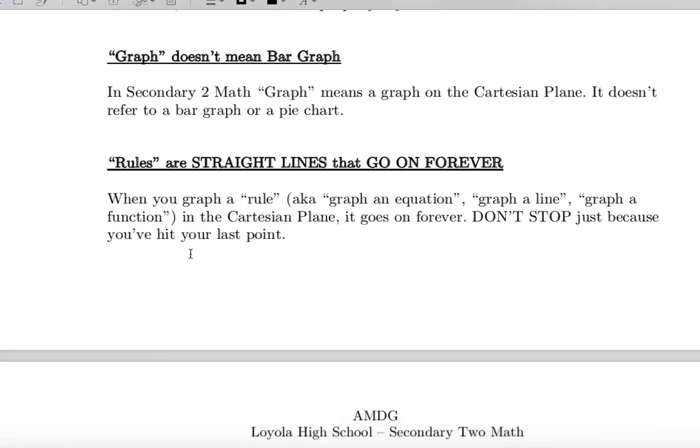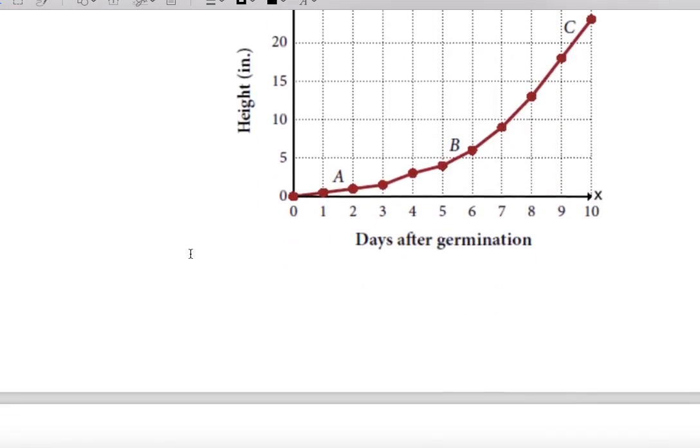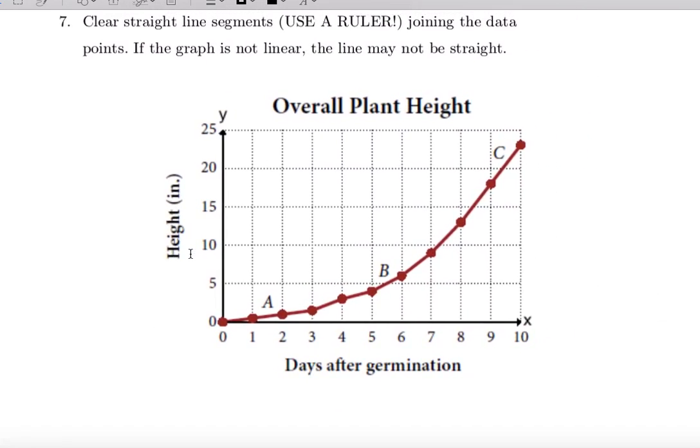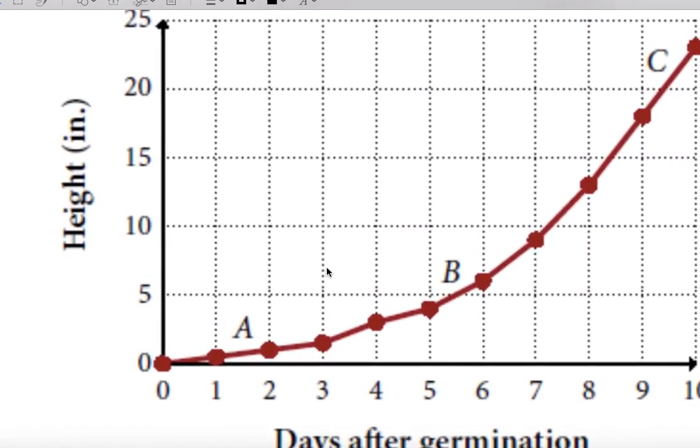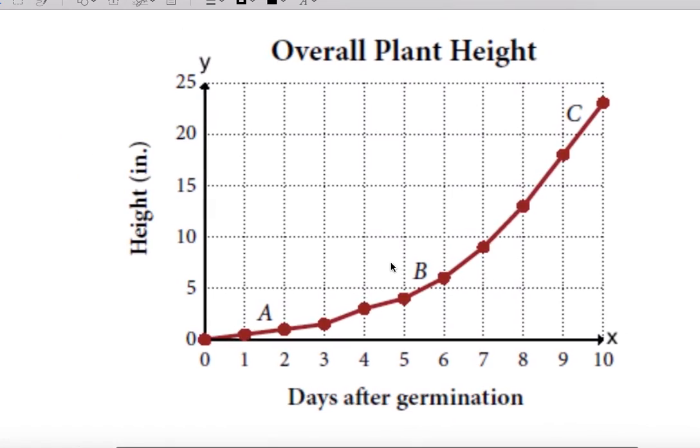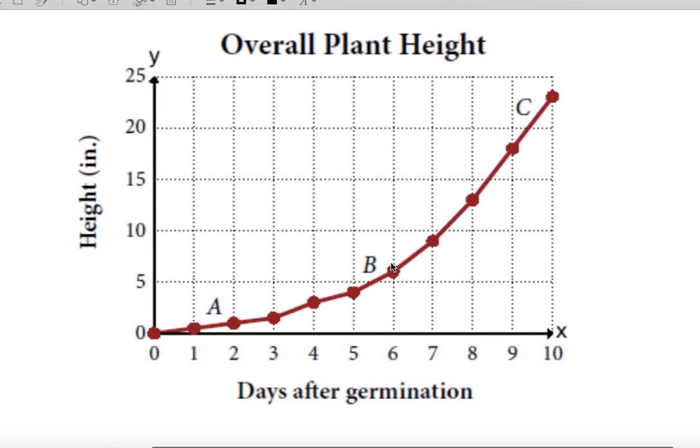Now, what I want to warn you against is a few misconceptions that people have about scale in secondary 2. One of them is that they assume that because your scale has to be consistent, you can't break the scale with those squiggly lines. We know that means just that each box has to be worth the same.